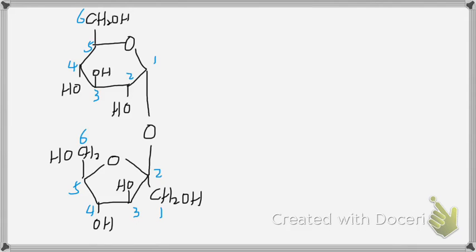Okay, so glucose unit in the alpha form, carbon 1 has an O pointing down. Fructose unit in the beta form, carbon 2, the anomeric carbon is carbon 2, has the O pointing up.